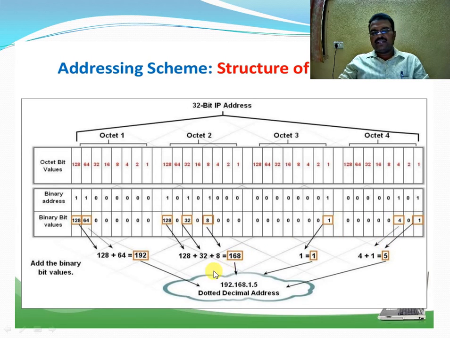So in total we can represent this as 192 dot 168 dot 1 dot 5. This is a dotted decimal address. This representation is used in the TCP/IP addressing scheme.